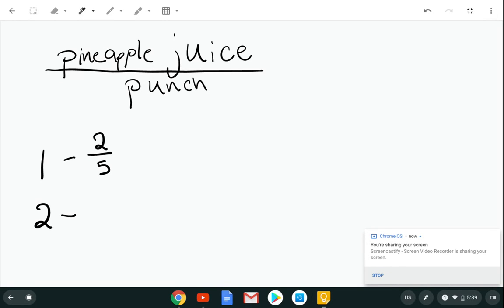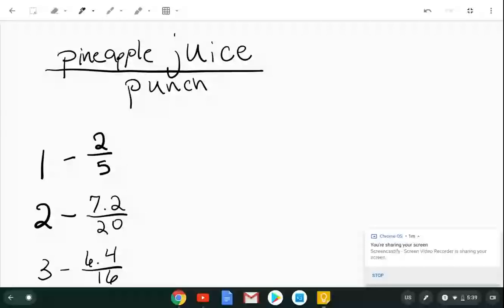Recipe 2 says that we have 7.2 cups of pineapple juice for 20 cups of punch. And then recipe 3 says that it has 6.4 cups of pineapple juice for 16 cups of punch.